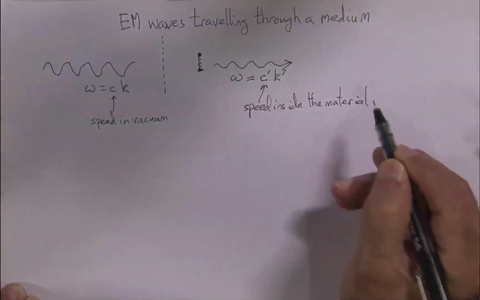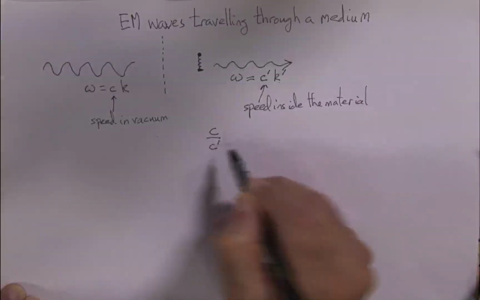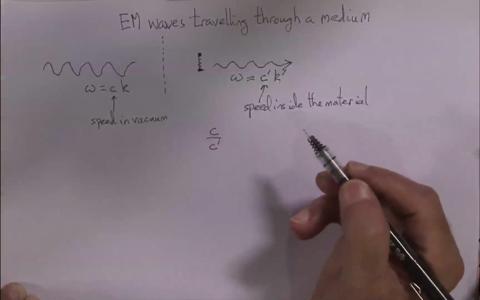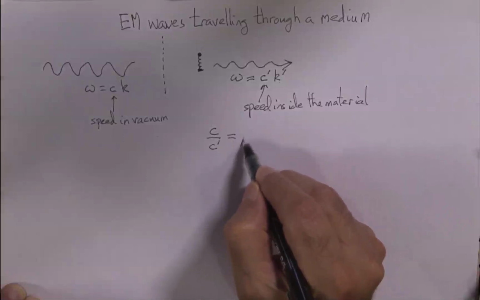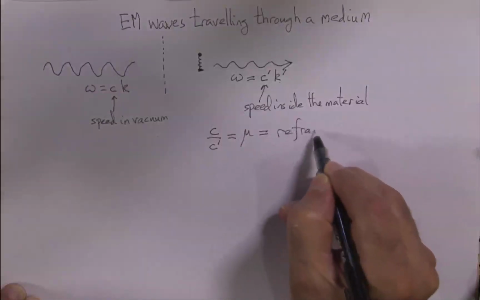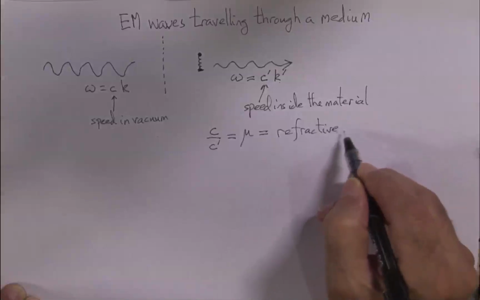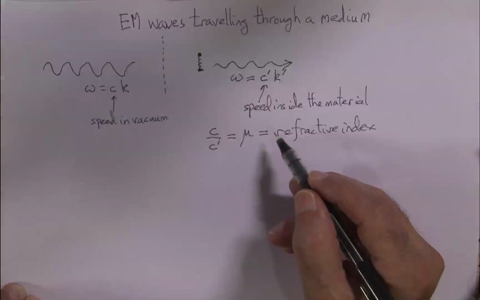And of course, the ratio of C to C prime will be different for different materials. We give this a name, mu, which is called the refractive index of the material. This is a number that's bigger than 1.